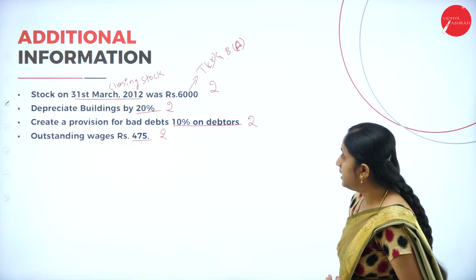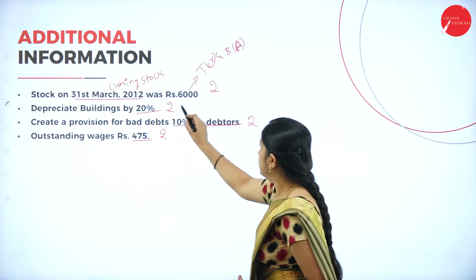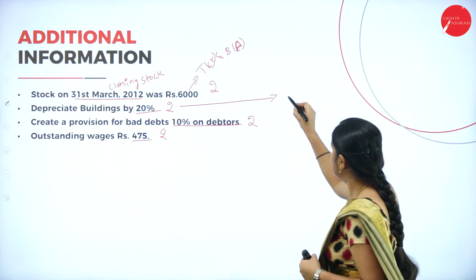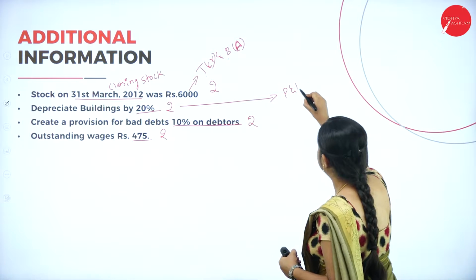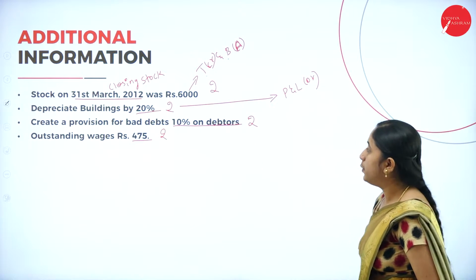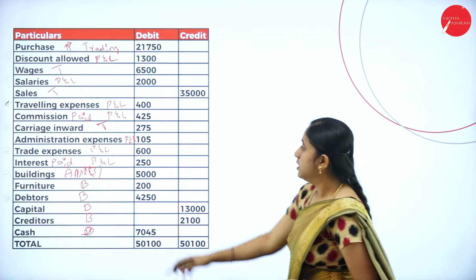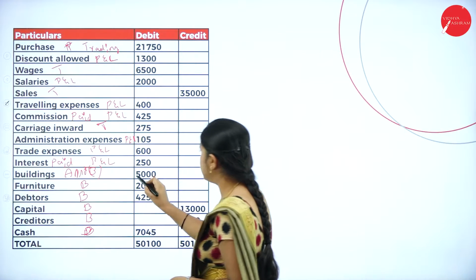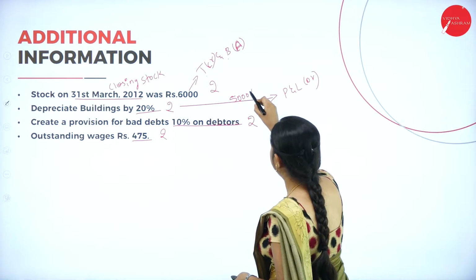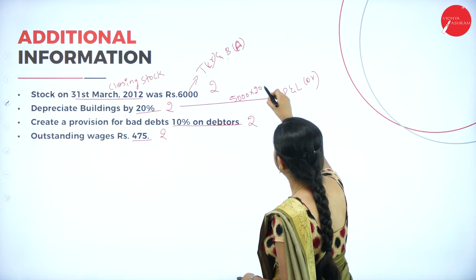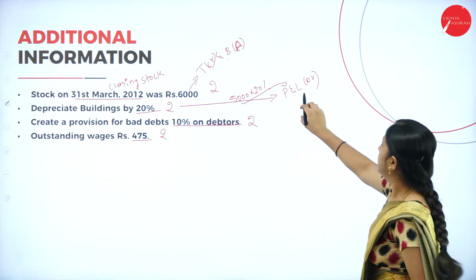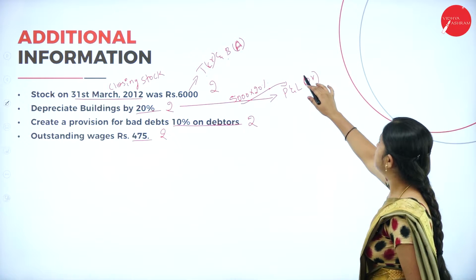Then, depreciate building by 20%. Depreciation is an expense, indirect expense. So, once you will consider in the profit and loss account, debit side, for the calculation, 20%. 20% means consider building amount. 5,000 is the building amount. 5,000 into 20%, that amount goes in the profit and loss account, debit side.